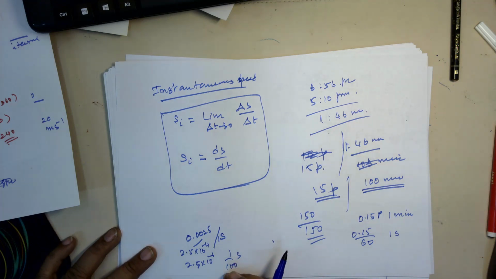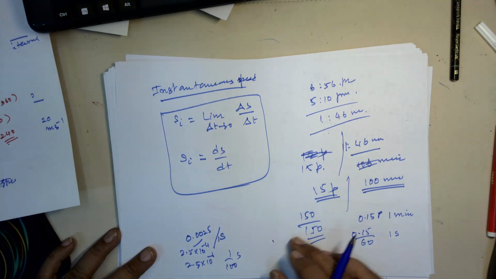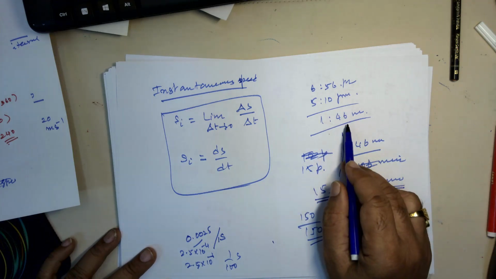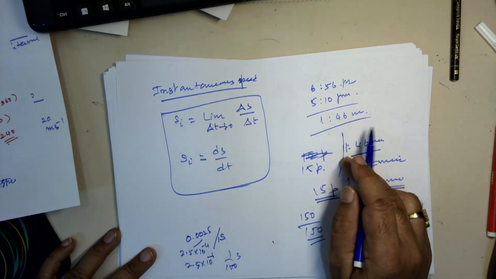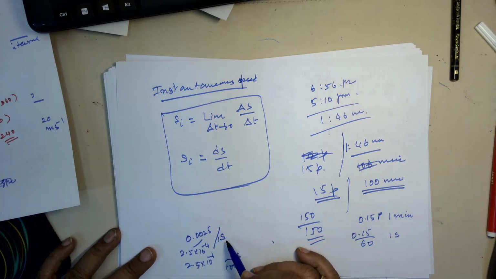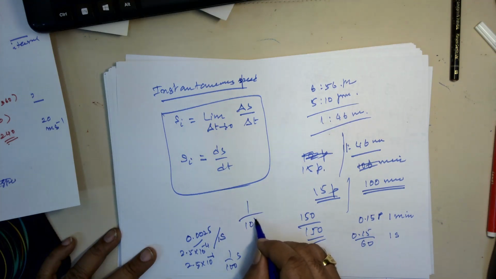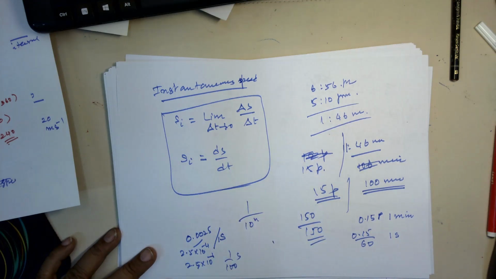So I am going into a very minute interval of time, splitting the time. It is very difficult for you to sit for 1 hour 45 minutes, but I am reducing this to 1 second, then to 1 by 100 second, then to 1 by 10 power n second.